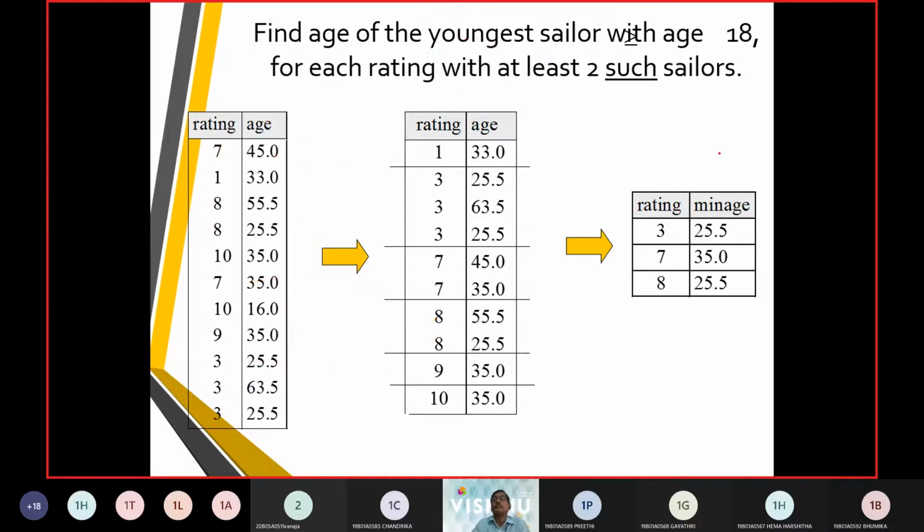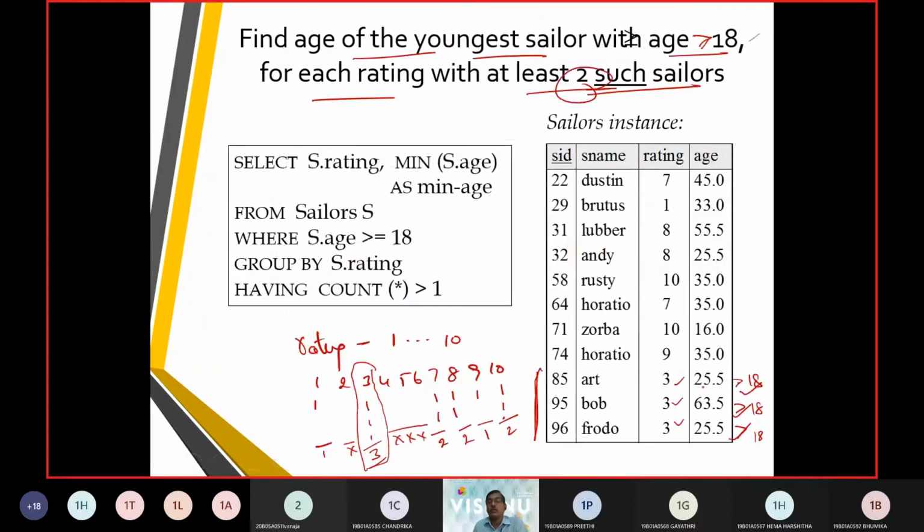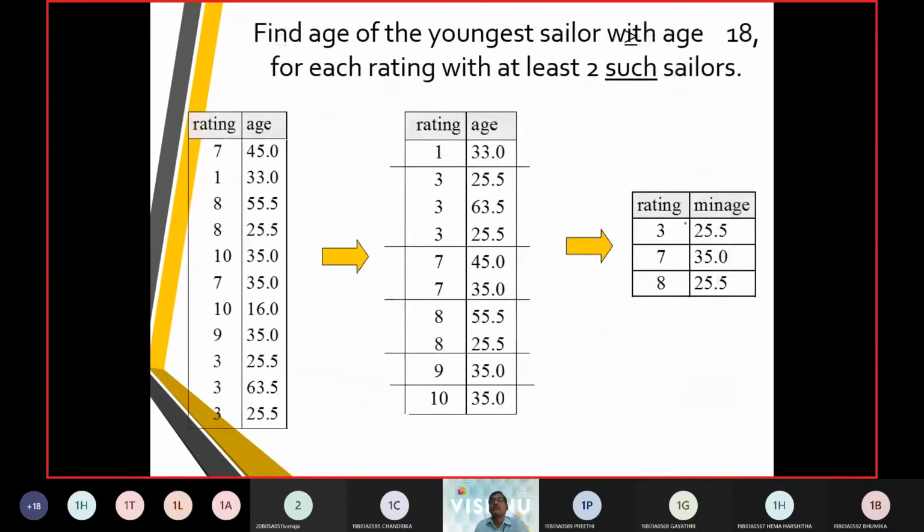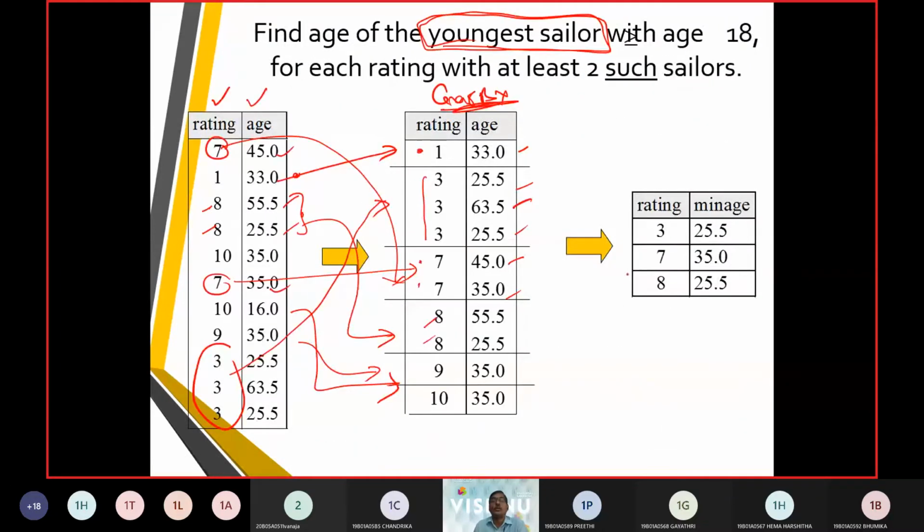So 25.5, 63.5, and 25.5 is there. So you can look into this. So youngest means age is least, right? In 55.5 and 25.5, younger. So younger is nothing but 25.5.